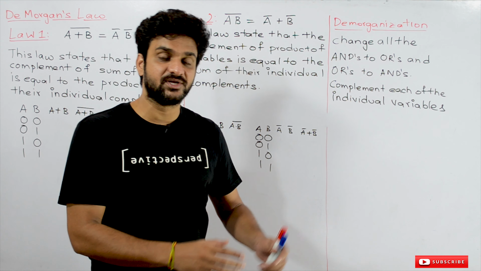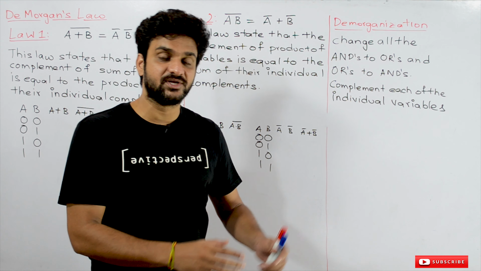For example, if you take a sum of variables and find the complement of this sum of variables, this value is also equal to the product of the individual complements. This is what we call De Morgan's law.